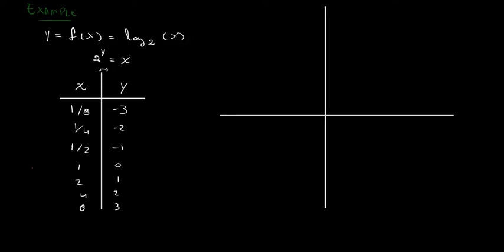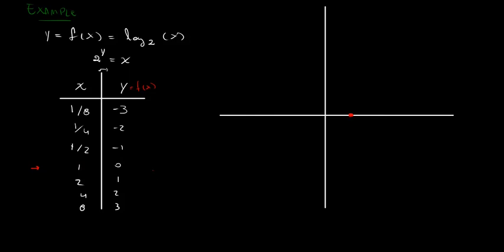Something important to notice is this point right here. When y equals 0 it means that f of x equals 0. So when x equals 1, we have a root for our function. This is a point right here.